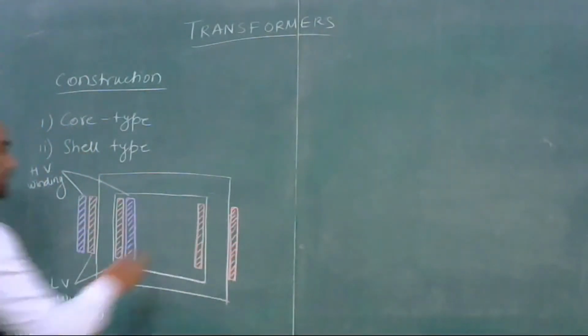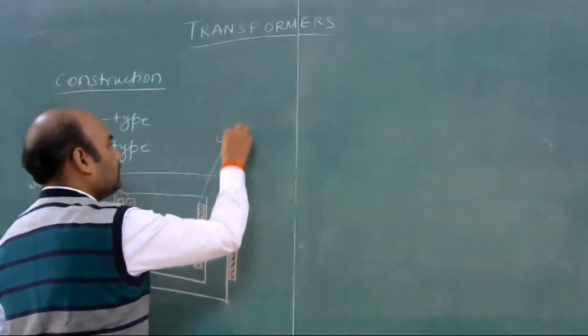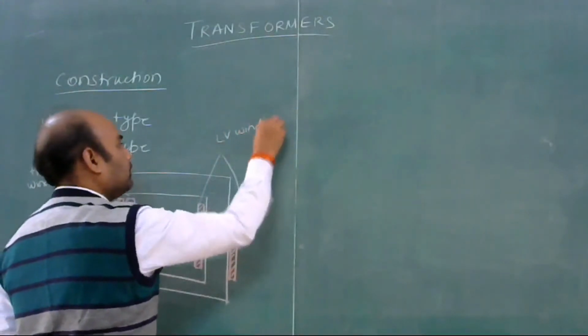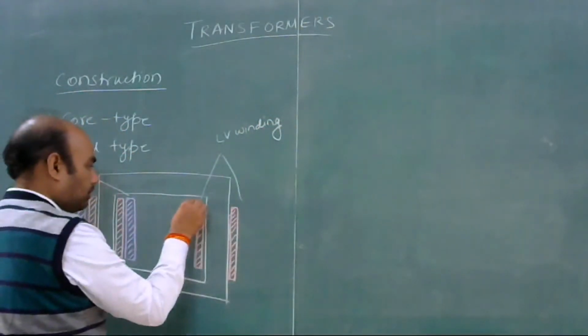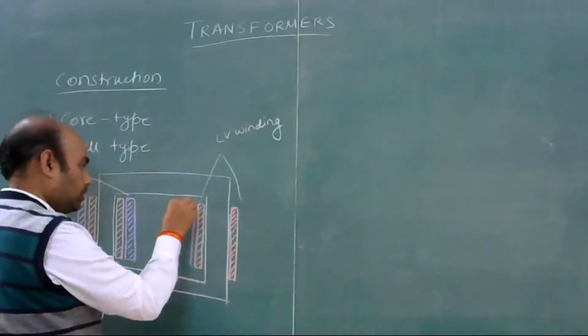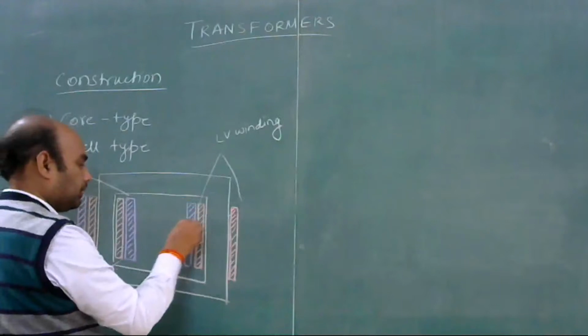So again, this is LV winding in second limb, and outside it we wound this HV windings.